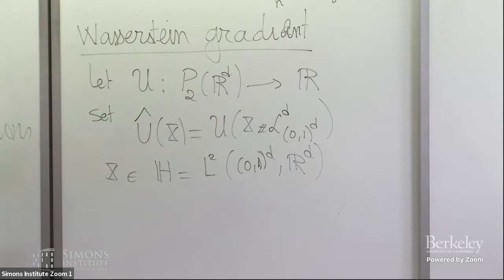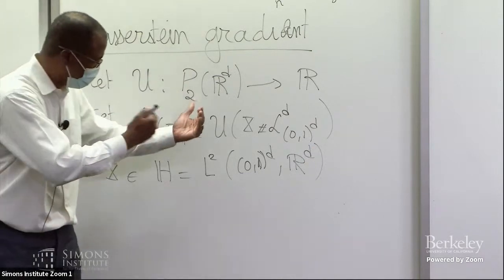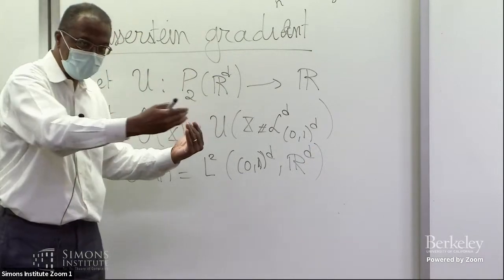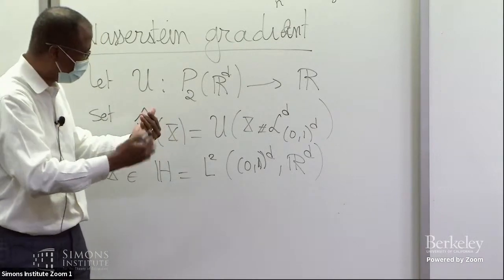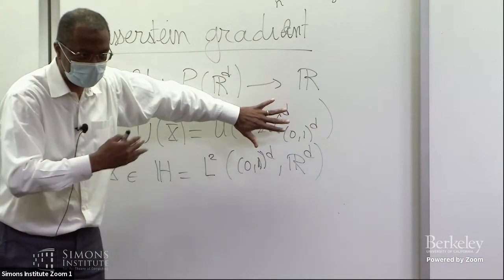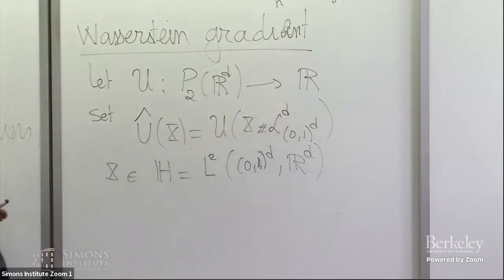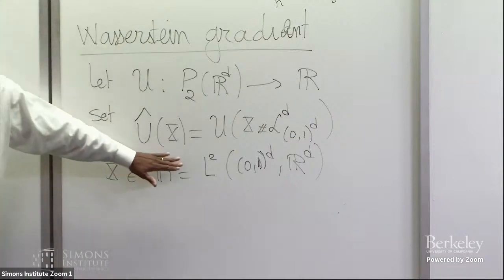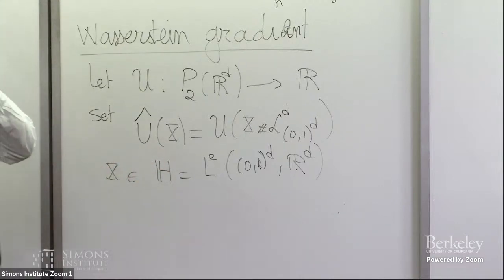One can check that the application is one-to-one. So for every probability measure of finite second moment, there is a random variable X, and I can write it of this form. And so that function is well defined. Now we are in flat space, and I can define what is a subdifferential and what is a superdifferential. I just use a Taylor expansion because I have an inner product.